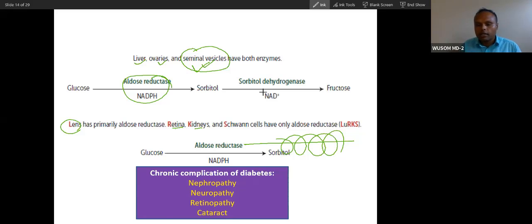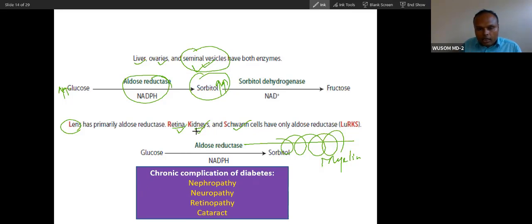In the central nervous system, the oligodendrocyte does this. Now from this concept you can imagine that if glucose is high, sorbitol will also become high, and this will cause damage to these organs, slowly.